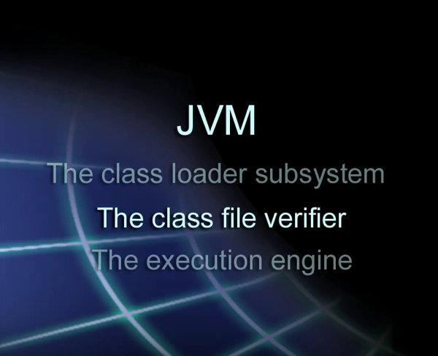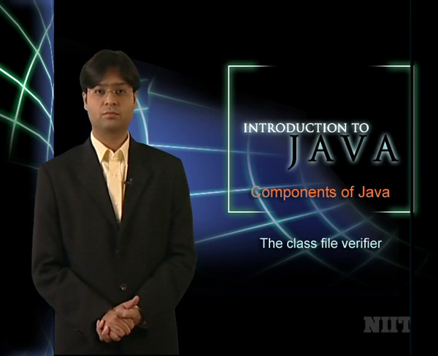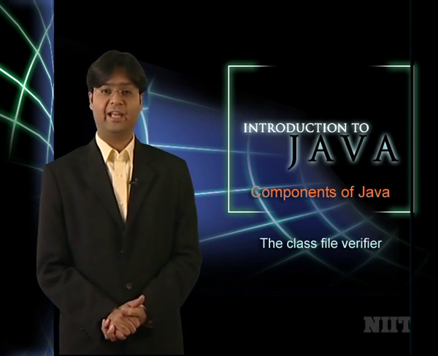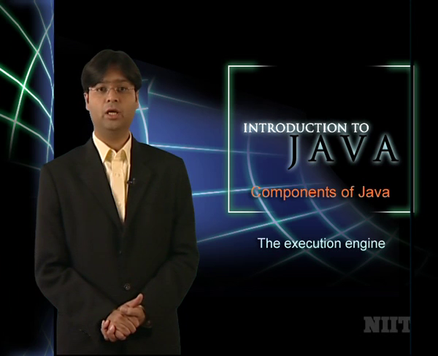The class file verifier checks the internal structure of each of the class file to see if they are safe to be used. It also checks it satisfies the rules of Java programming language. The execution engine executes the bytecode by converting them into native machine code. The implementation of execution engine is different on different JVMs.